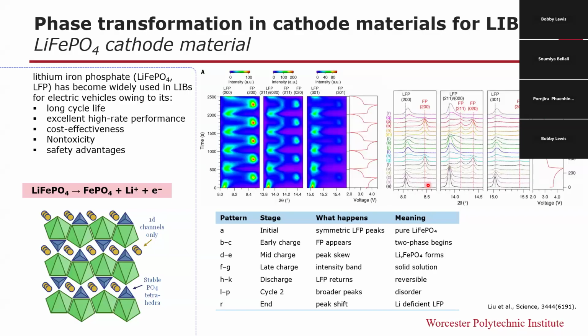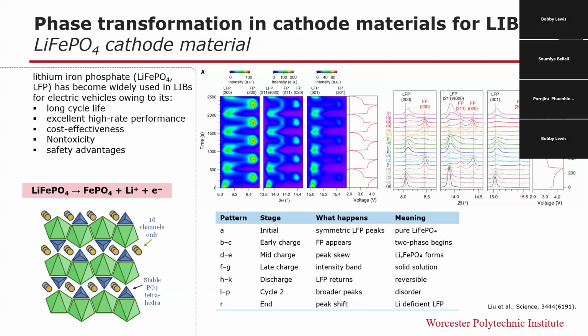And this indicates that some LFP particles have had lithium partially extracted, but not yet fully. Their lattice constants are slightly smaller than stoichiometric LFP, causing a slight shift toward higher angle. And for pattern F and G during the discharge, most critical observation.